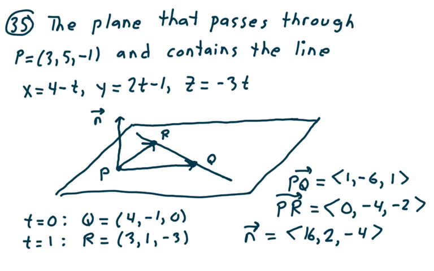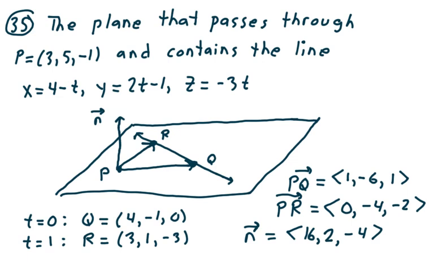So let's review what we've just done, right? We have a point P that lies in the plane, and I have a line L. If the plane contains the line, it contains 2 points on the line.